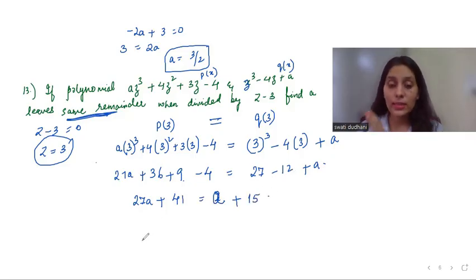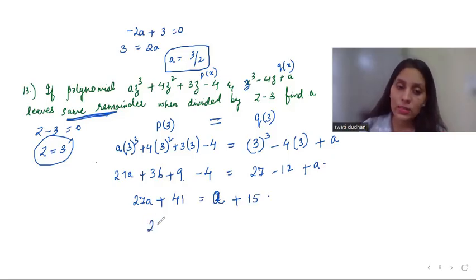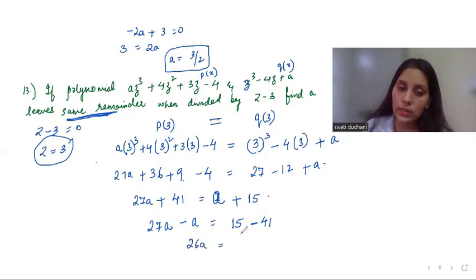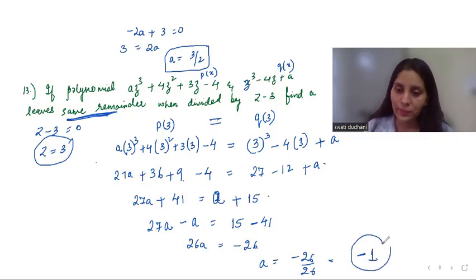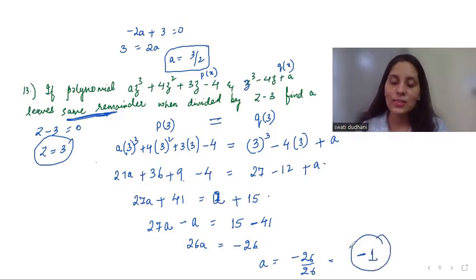Now let's get all a terms on one side and constants on one side. So 27a minus a equal to 15 minus 41. 26a is equal to 15 minus 41, which gives minus 26. So a is equal to minus 26 by 26, which is minus 1. So the value of a is minus 1.